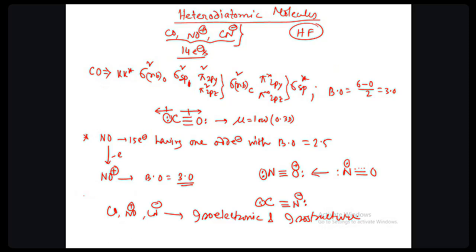So for that reason, one point we need to study is that CO, and not only CO, all the others, cyanide and NO plus, are called pi acid ligands. What is a pi acid ligand?